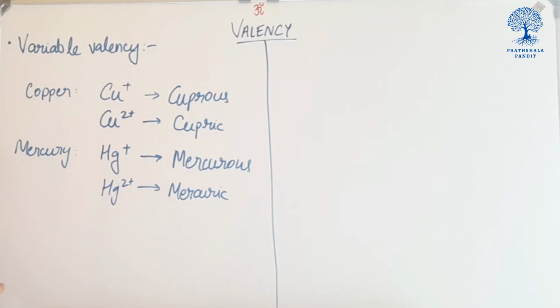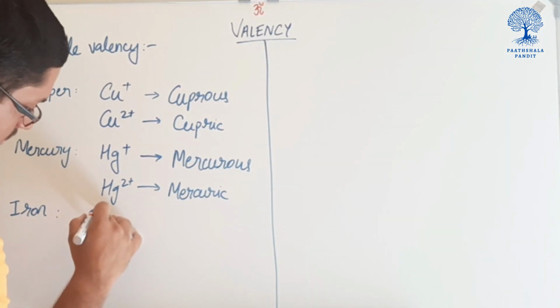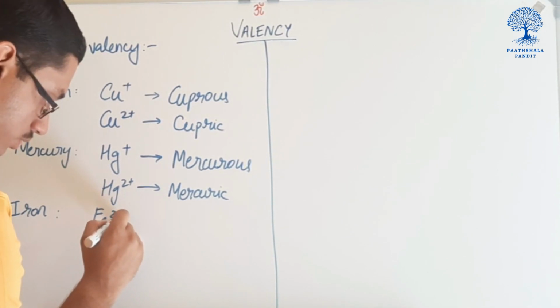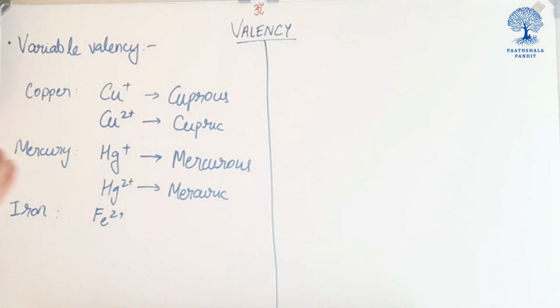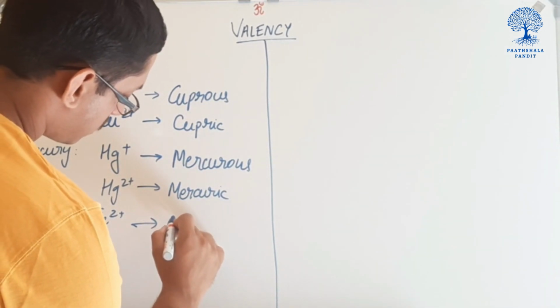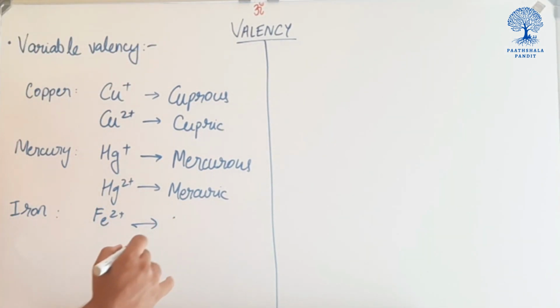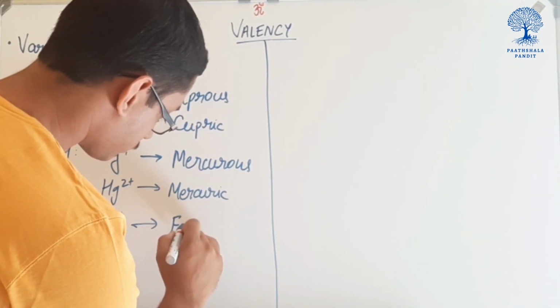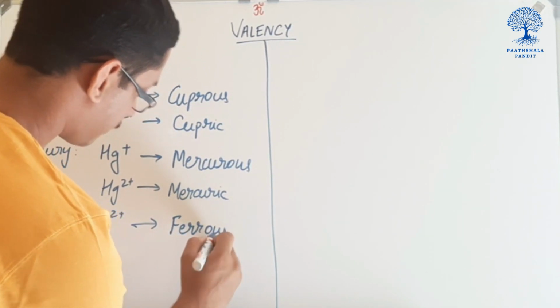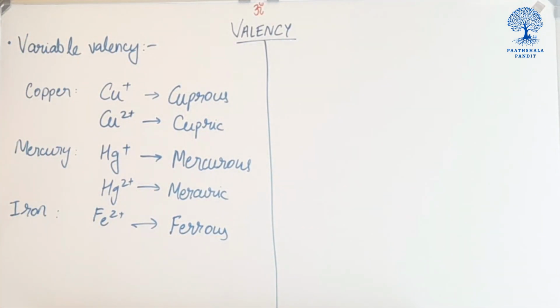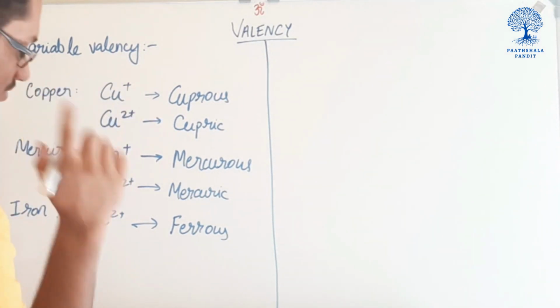Copper, mercury, iron. Okay, iron. Sometimes iron gives out two electrons, then it will become ferrous. Remember, it is a different name. Do not name it ironous. It is known as ferrous.